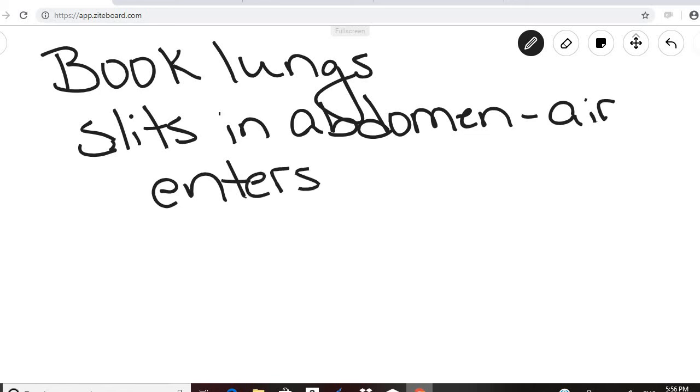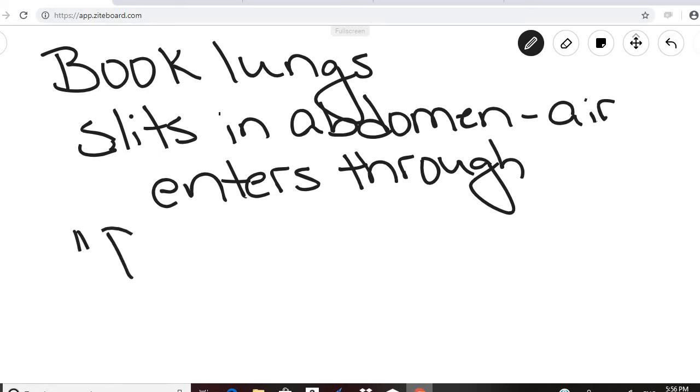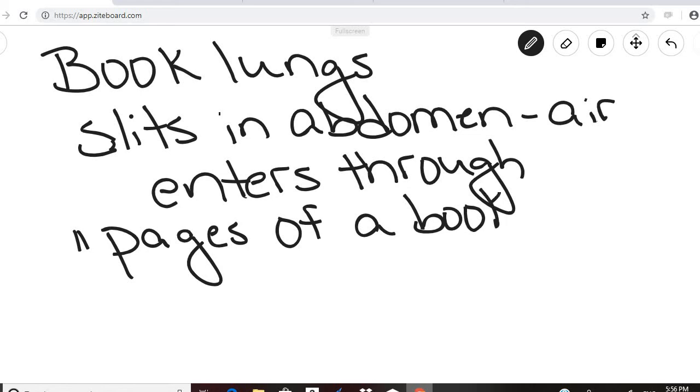And then once the air gets inside, it moves across these book lungs, and they're called book lungs because it really looks like pages of a book. And so as the air comes in and moves across these book lungs, it takes the oxygen out of the air and it removes the carbon dioxide, so that can be extracted.